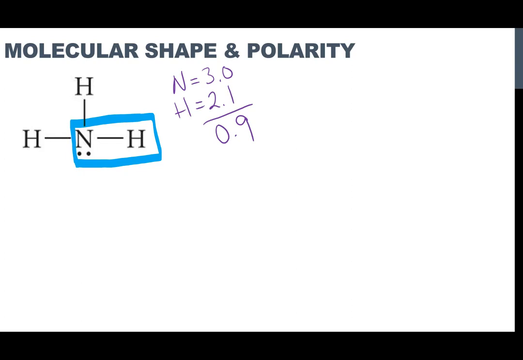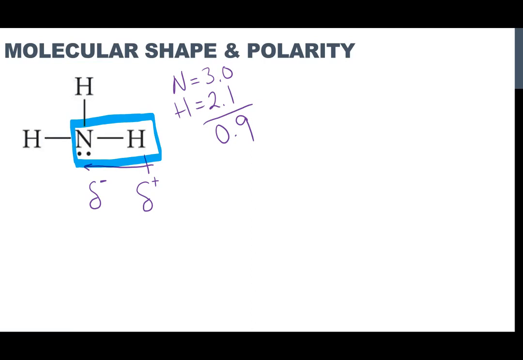There is a big brother and a little brother. There is a separation of charge. Looking at just this isolated bond, what does that dipole moment look like? Big brother, little brother, pushing towards the nitrogen.